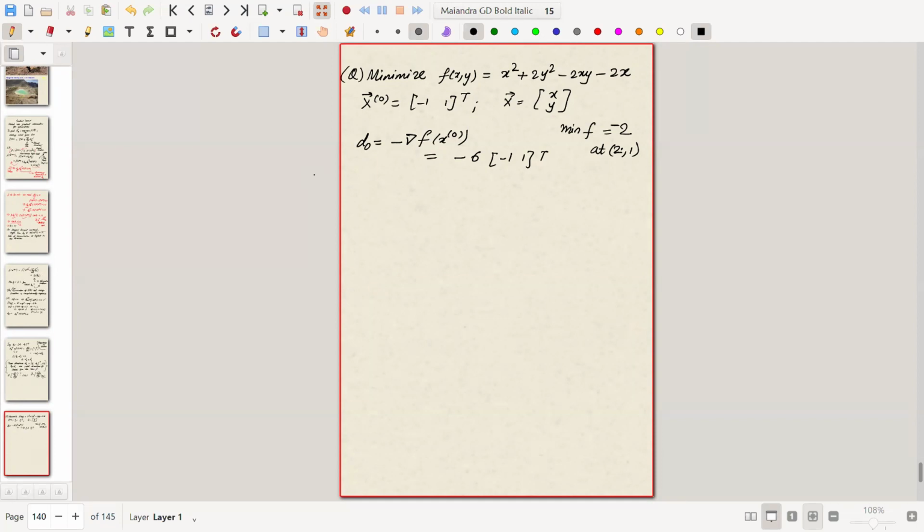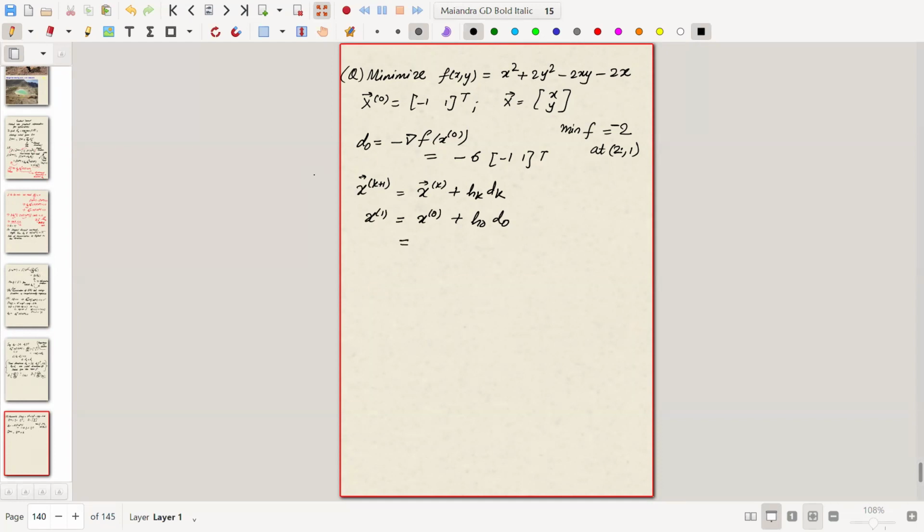So can you find xk plus 1 using this? Xk plus 1 equals, we know via gradient descent, xk plus hk dk. So this should be x1. We already know x0. So this should be x0 plus h0 d0.